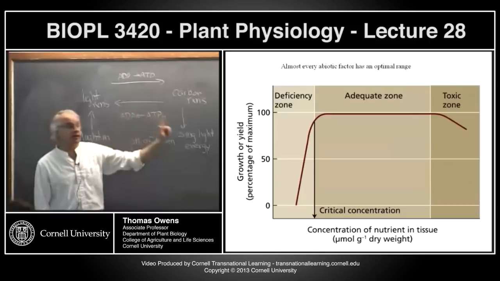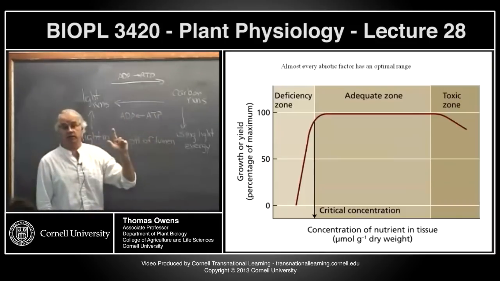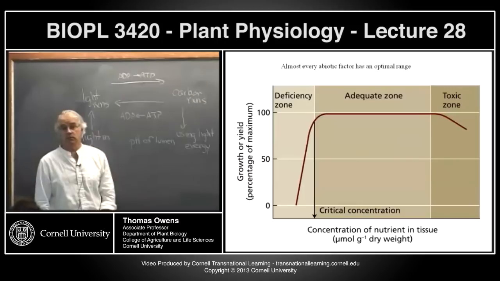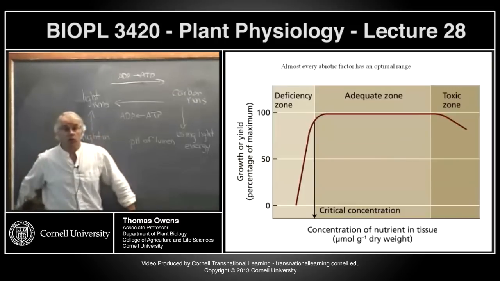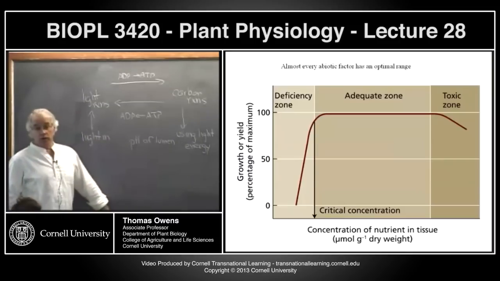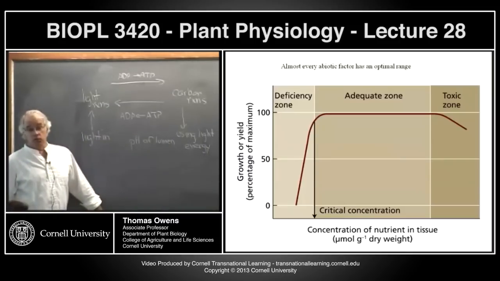So under conditions where there's too much light, what will be the pH of the lumen? Yeah, it's going to be lower. It's going to be more acidic, right? And under conditions where light is limiting, the lumen is going to be less acidic, right?